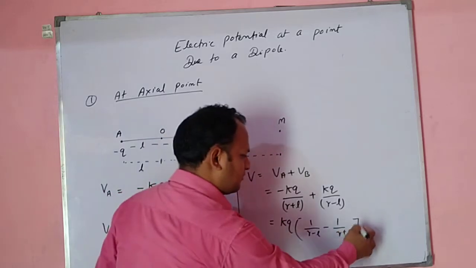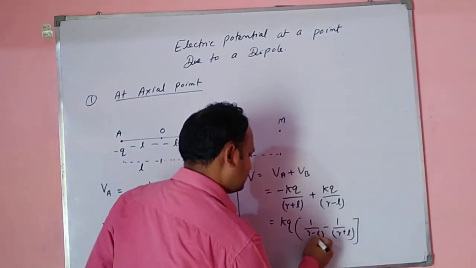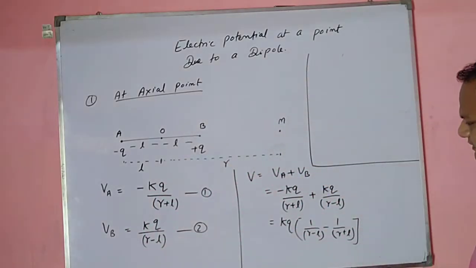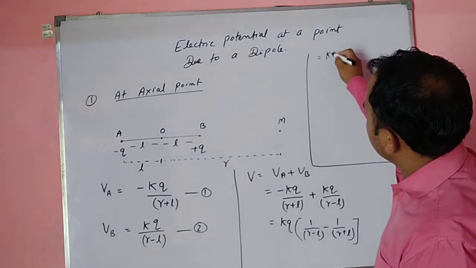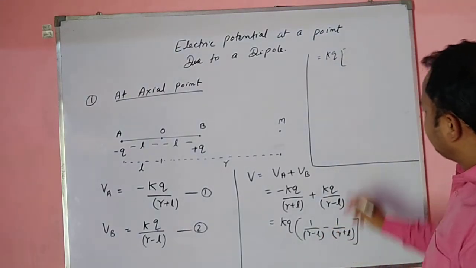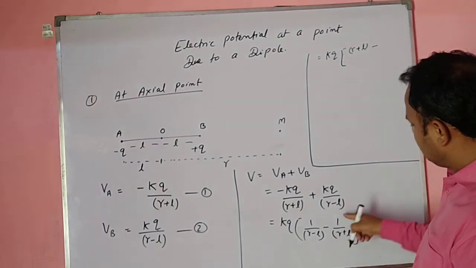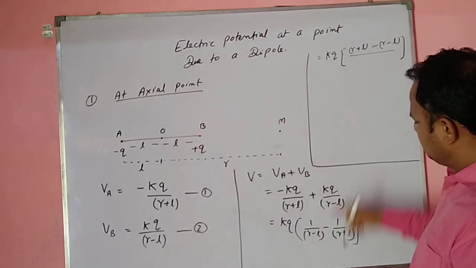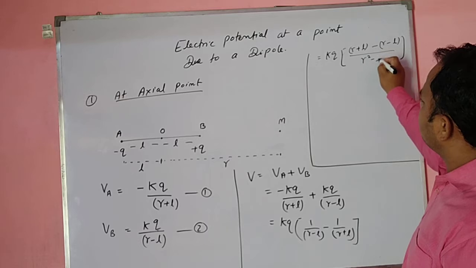Now next is your simple mathematics, nothing else. If we try to do it over here, which is equal to Kq, and then when we take the LCM, this is going to be (r plus l) minus (r minus l), and upon this is r minus l, this is r plus l, so when we take the LCM, this is going to be r square minus l square.